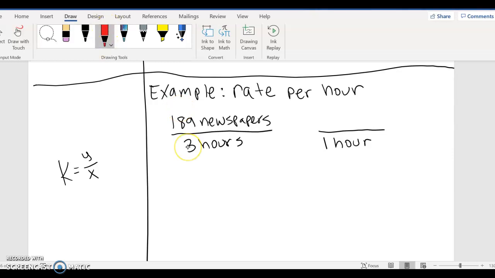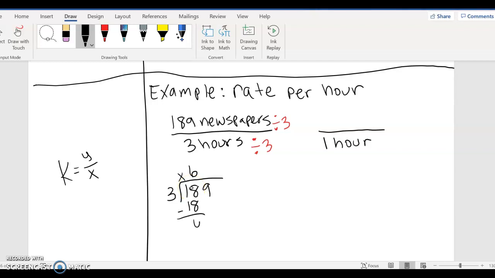So to get from 3 hours to 1 hour, we divide by 3. 3 divided by 3 gives us 1. Whatever we do to the denominator, we also want to do to the numerator. So we have to divide 189 by 3. Top number goes in, bottom number goes out. 3 will not go into 1, but it will go into 18 6 times. 6 times 3 is 18.